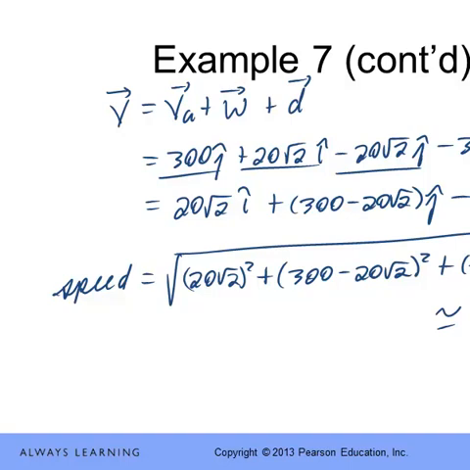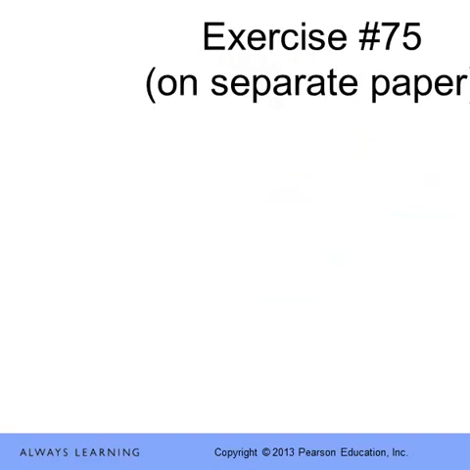Yep. Okay. All right. When we come back from break, and we'll have a 10-minute break, we're going to tackle exercise 75 from the exercises. You'll see it on page 800 of the textbook. So let's come back in about 10 minutes.